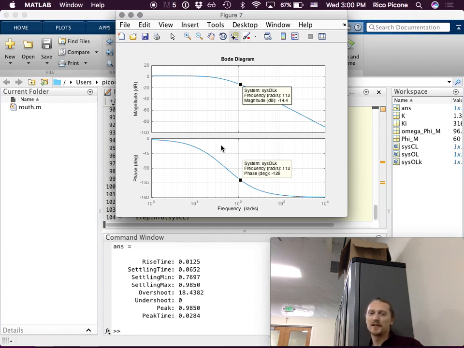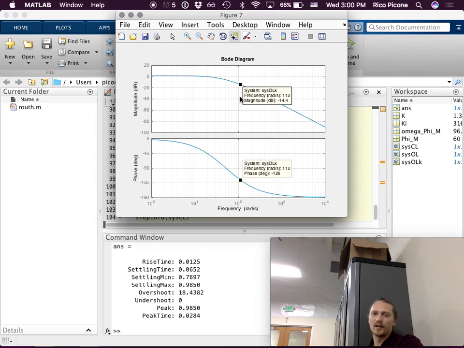So, for instance, we never reached negative 180 degrees with this phase, which means that we never crossed that negative real axis. We do have a phase margin, so you can see when the phase margin goes negative, that's a sign of instability, or potential instability.